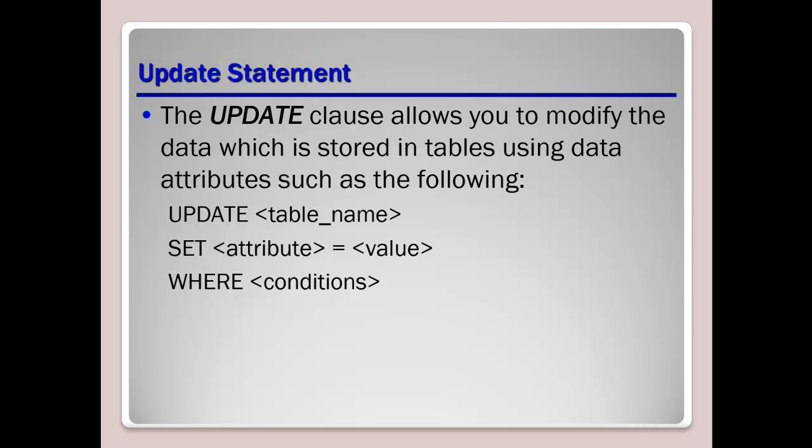Much like any of the other data manipulation or modification clauses and statements within SQL, you can use this statement in either the SSMS tool or in a text editor window. So you see in our update statement here, we have the following syntax: update, give what table name you want to update, set what attributes to what you want them to be, and if there are any conditions that need to be met.